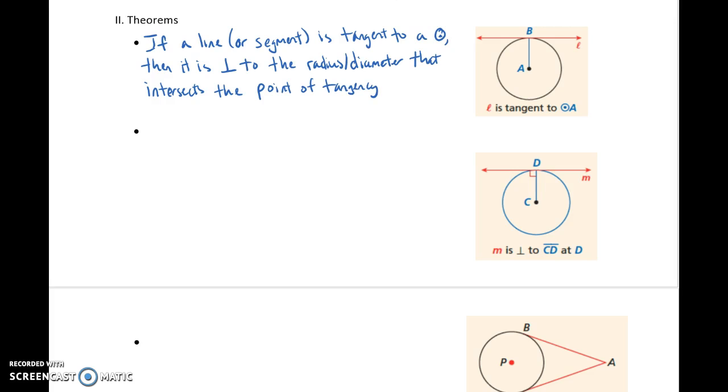If a line or a line segment is tangent to a circle, then it is perpendicular to the radius or diameter that intersects that point of tangency. So if we're given that L is tangent to circle A, then we can conclude that AB, that radius, is perpendicular to L. So it's going to create a 90-degree angle at this point of tangency.